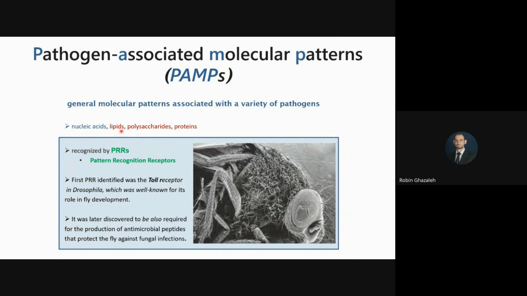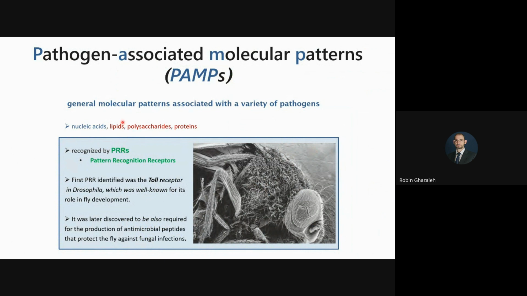They're able to recognize lipids, polysaccharides, and proteins. So in other words, they're able to recognize each of the four classes of macromolecules that you'd study in any biochemistry course. So they can recognize a huge range of different molecular patterns associated with so many different pathogens: viruses, bacteria, worms, parasites, fungi.